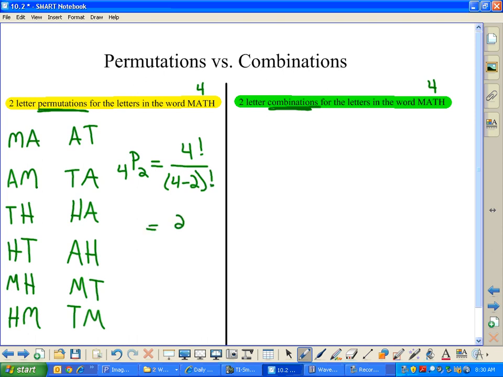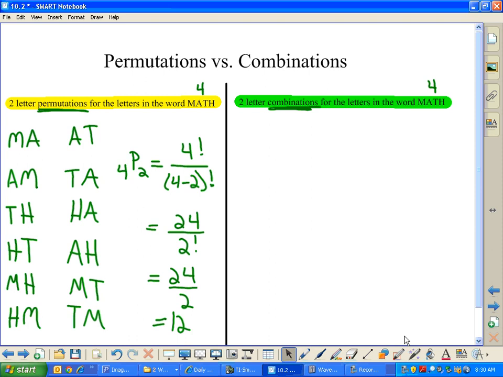This is 24 over 2 factorial. So 24 divided by 2 is 12. So I do know I have the correct number of 2-letter permutations because I have all 12 options there. I have 12 different arrangements of 2 letters for the word MATH.